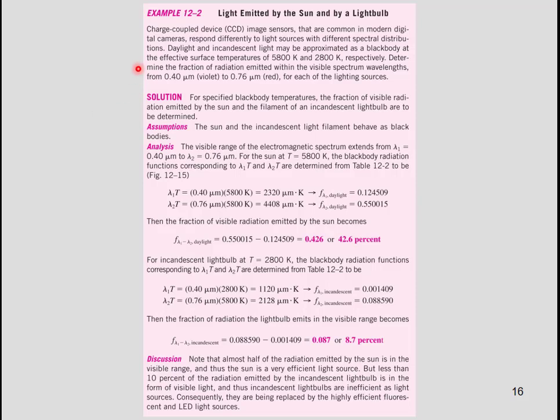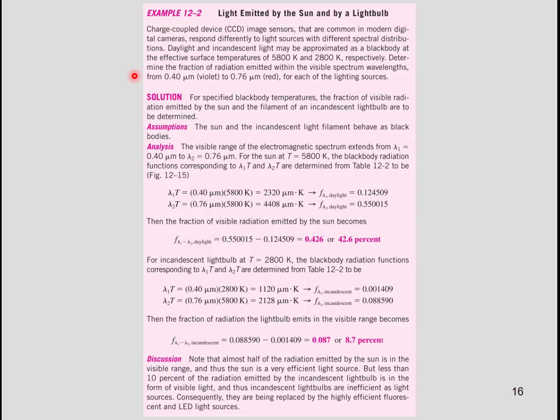As mentioned here, these image sensors, which are implemented in cameras, the CCD cameras, are dependent on the quality of the light source. And with different light sources, with different spectral distributions, they will produce photos with different quality.